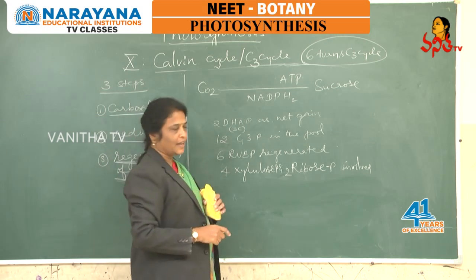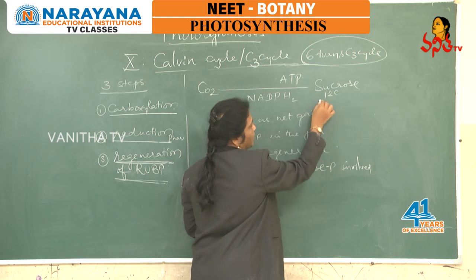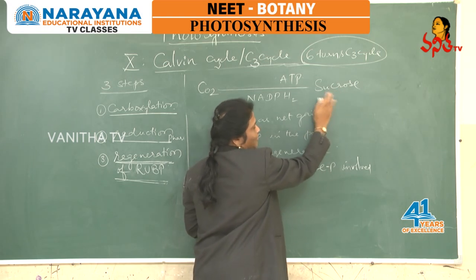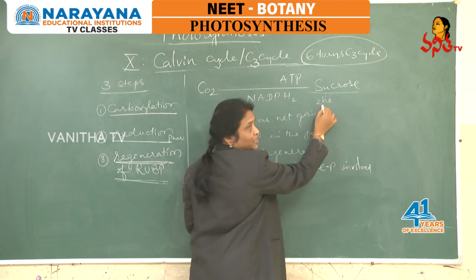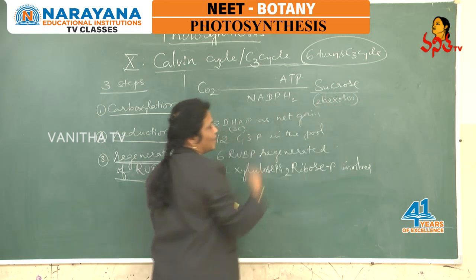Okay. Let us try. Here sucrose is a disaccharide, you know, a 12-carbon compound with 2 hexoses, that is glucose and fructose. So, just consider sucrose as a disaccharide with 2 hexoses. So, now let us calculate accordingly.